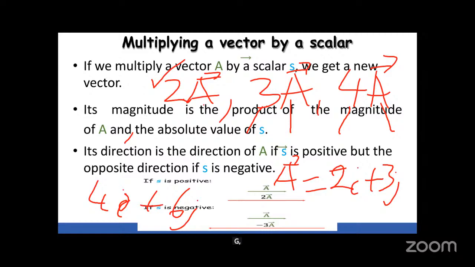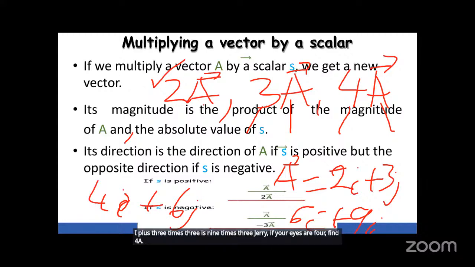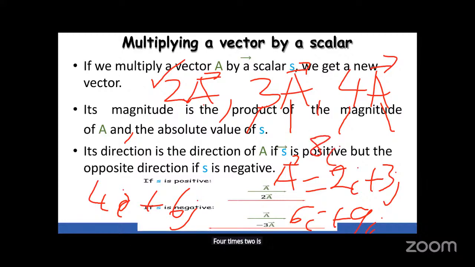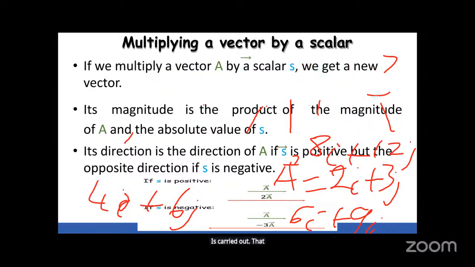If you are asked to find 3A, that will be 3 times 2 is 6I plus 3 times 3 is 9J. If you are asked to find 4A, 4 times 2 is 8I, 4 times 3 is 12J. So that is how multiplying a vector by a scalar is carried out. That is one type of multiplication of vectors.